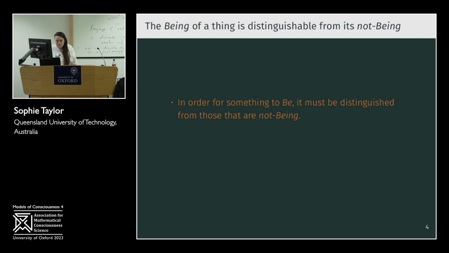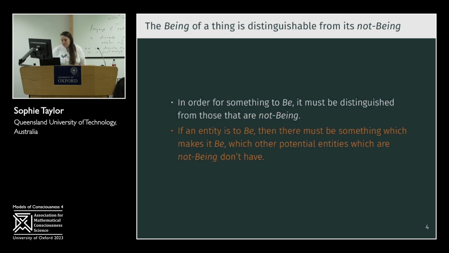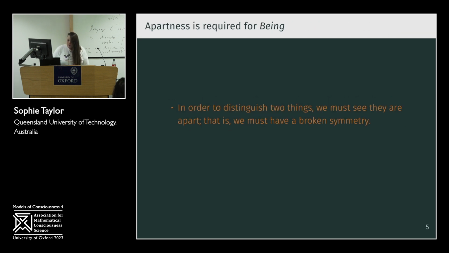Okay, so in order for something to be, it must be distinguished from those that are non-being. That is, there must be something which makes it be, because if it didn't have it, then it wouldn't be, right? Now, in order to distinguish things, we must see that they are apart.